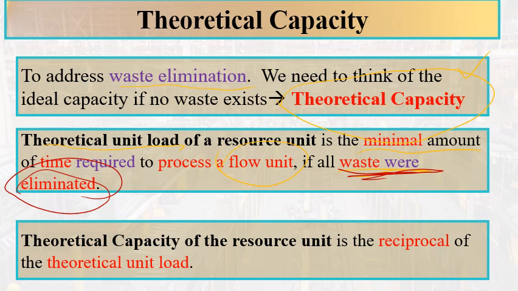So the theoretical capacity is basically the reciprocal of theoretical unit load. Just like we've seen before, that the effective capacity is the inverse of the unit load, the theoretical capacity is the inverse of the theoretical unit load.